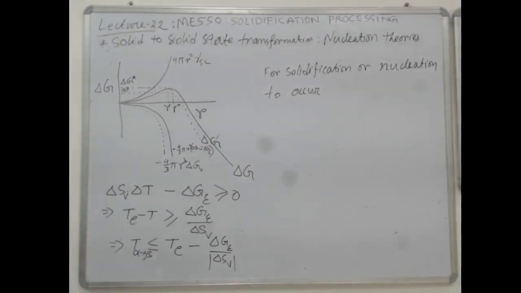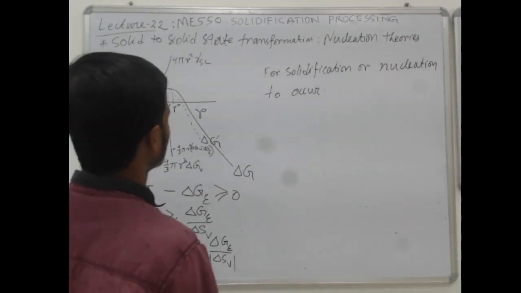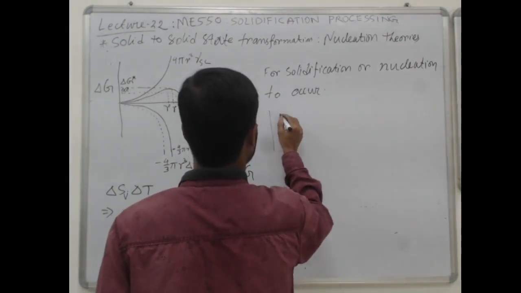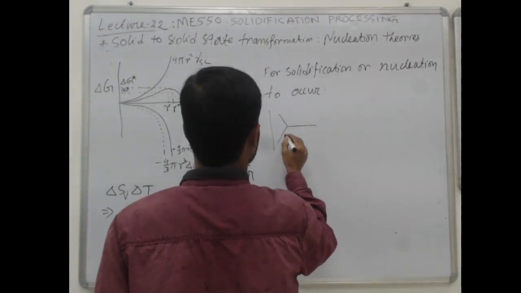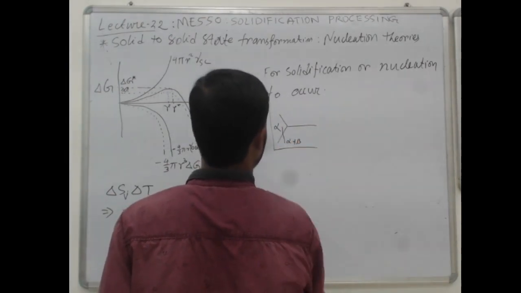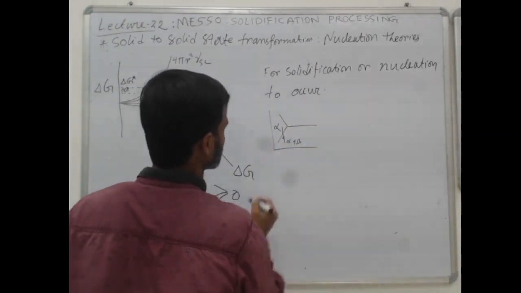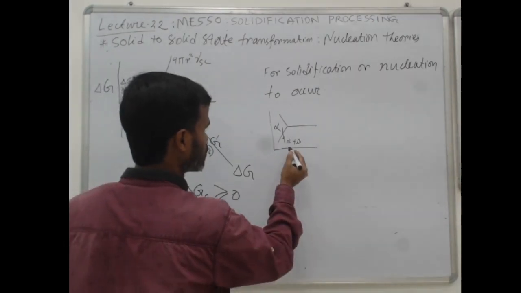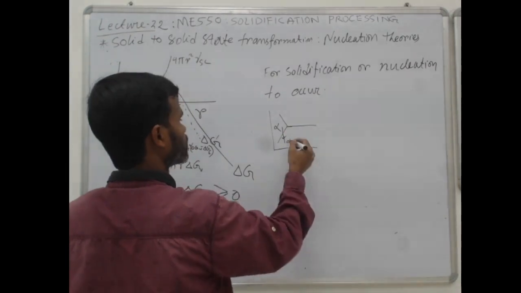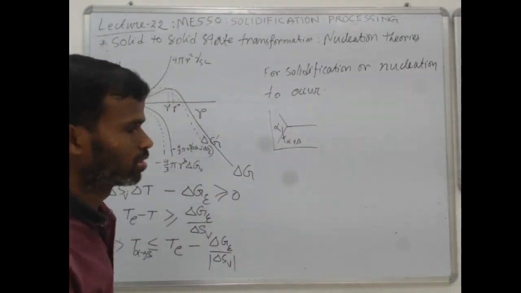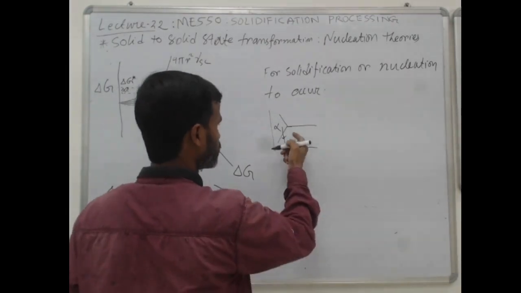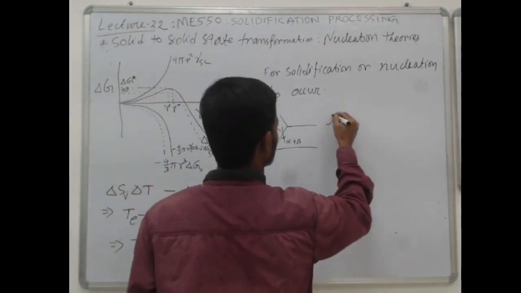Now suppose you see the phase diagram, this part you have alpha plus beta. We were cooling the system, but now if you heat the beta phase or the alpha plus beta phase, the beta will go back to alpha.